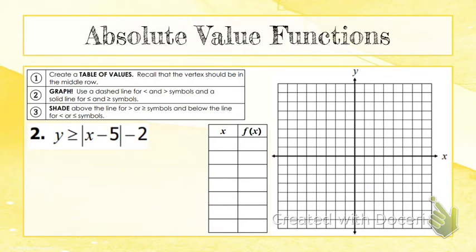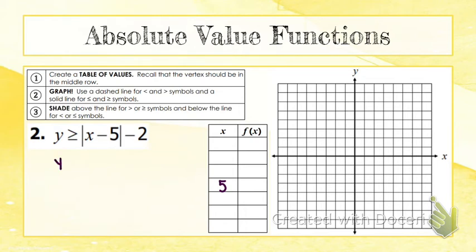So the first thing to do is to find the vertex so we can make our table. And remember, for the vertex, we take only what's inside the absolute value bars and set it equal to 0. And so we're going to get x equals 5 for the x value of our vertex. And then we're going to plug 5 in for x to see what the y will be.